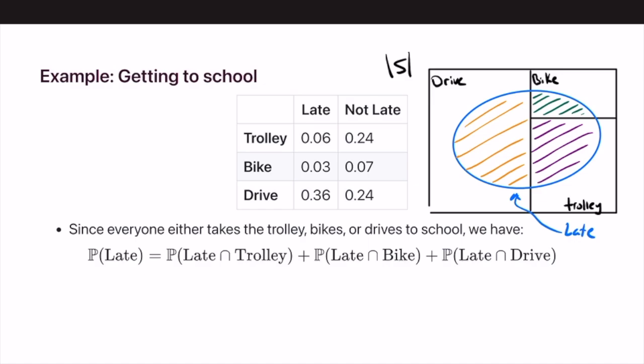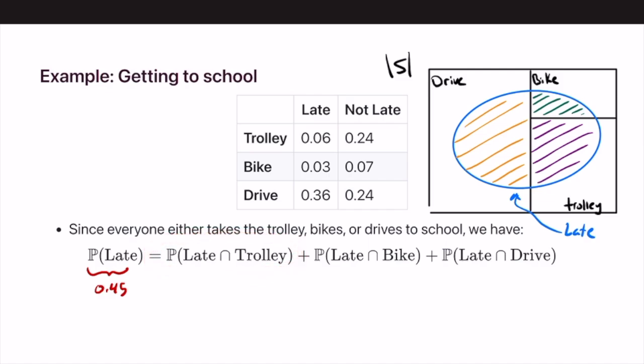Since everyone either took the trolley, the bike, or drove to school, we have the probability of being late, which we already calculated, which is 45%. So this was 0.45, but what does that really mean? If we look at our probability space, we can pull out these intersections, meaning the intersection of all these individual probability events.